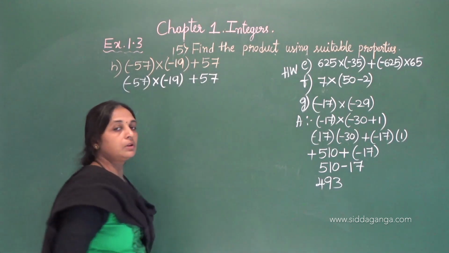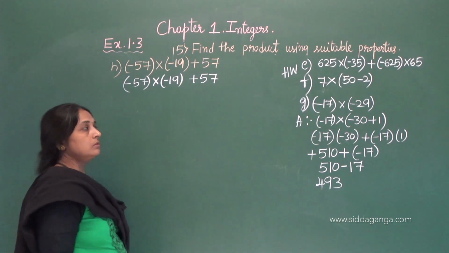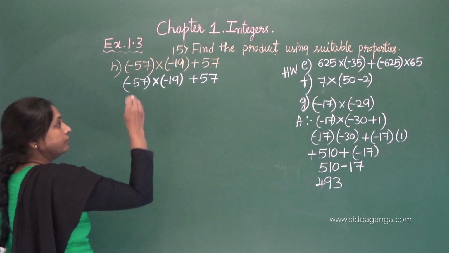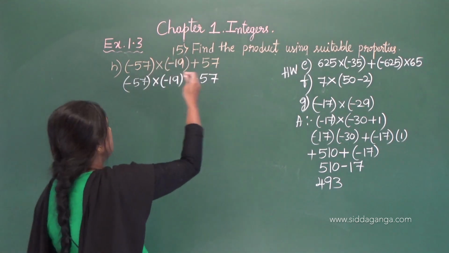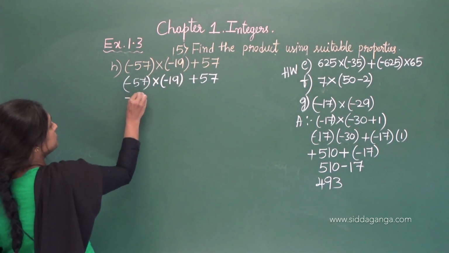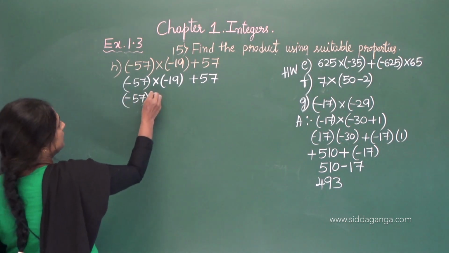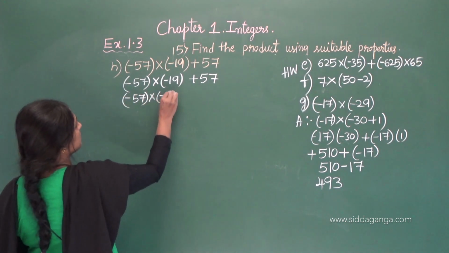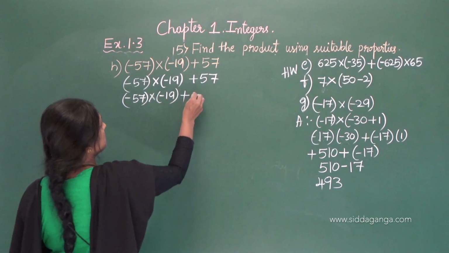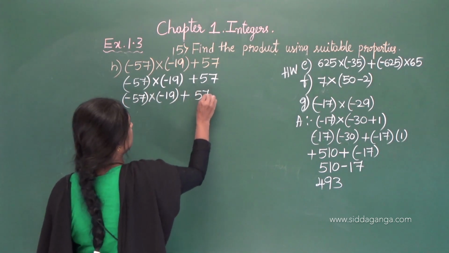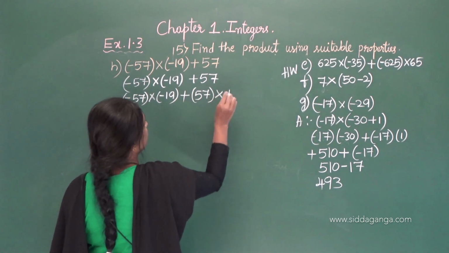How can we write this now? We should use a property here. We can write minus 57 into minus 19 plus 57 into 1.